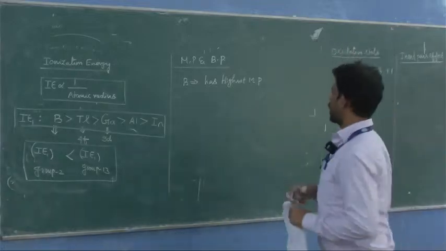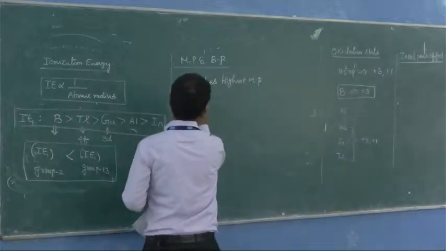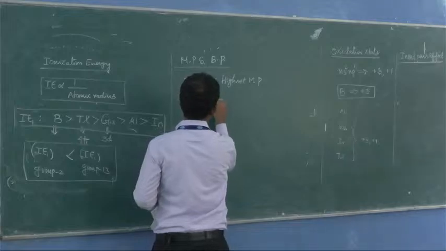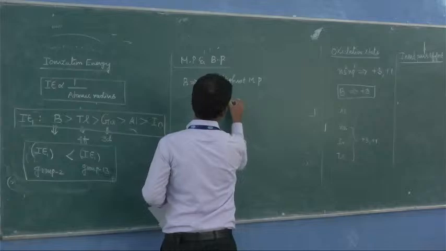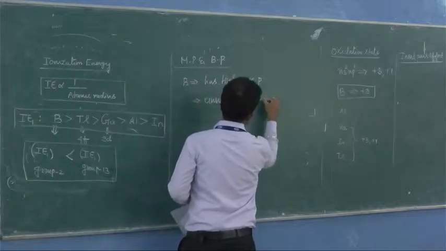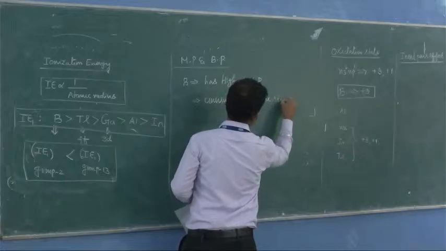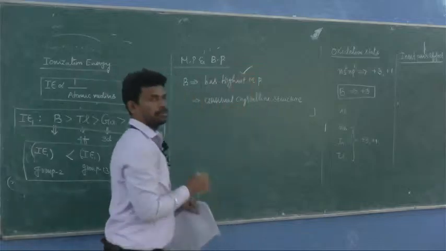Because boron has an unusual crystalline structure. That's why it has the highest melting point.